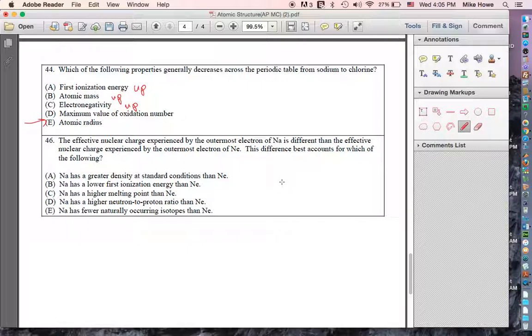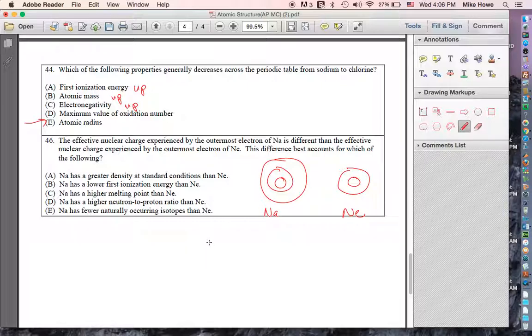Let's draw a picture of this. So here's sodium and neon. Here's sodium, here's neon. So you've got your first energy level, your second energy level, and your third energy level, but neon doesn't have enough electrons for the third energy level. Why does sodium get a third energy level? Sodium has 11 electrons.